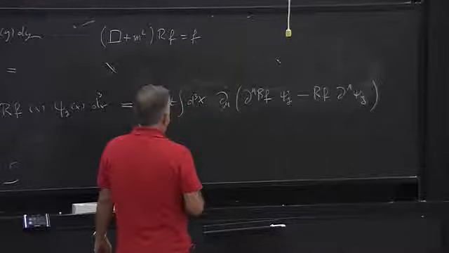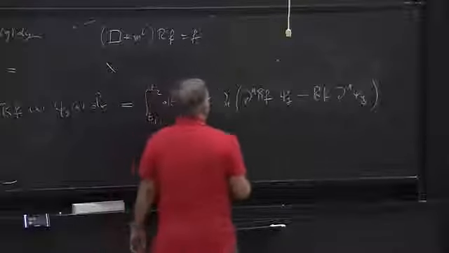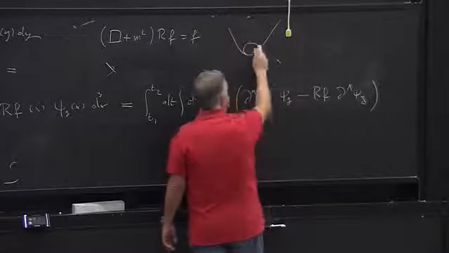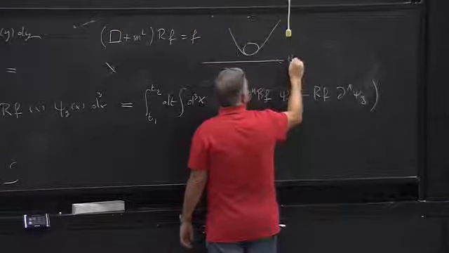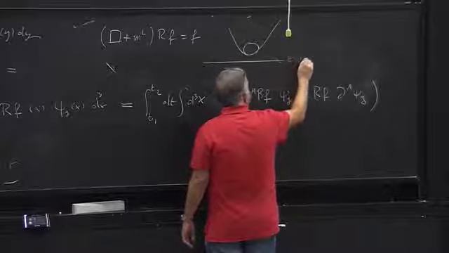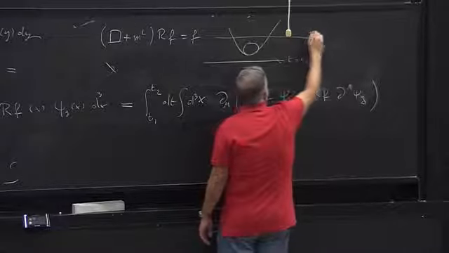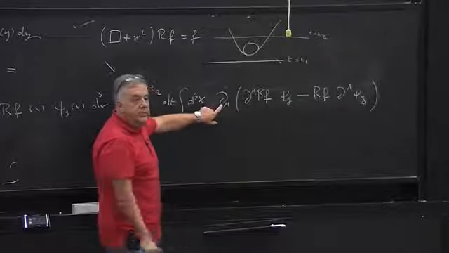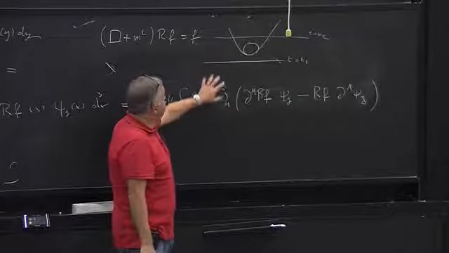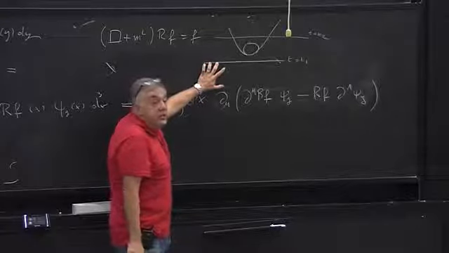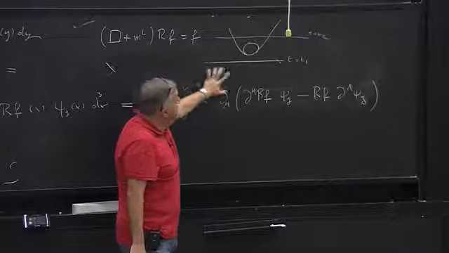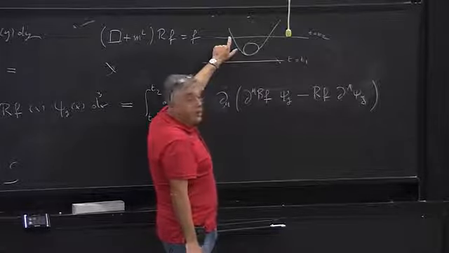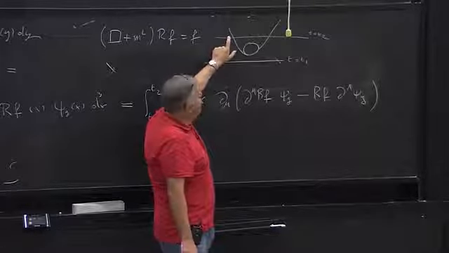So I can do this integral, and you see that RF has support this way. Here there is the surface t equal t1, and here there is the surface t equal t2. I apply the Stokes theorem to this integral, and the integral on this surface vanishes because the function is 0 there, and I just get the integral on this surface.